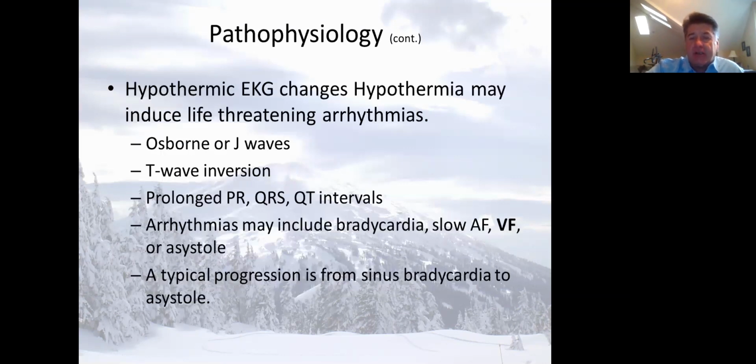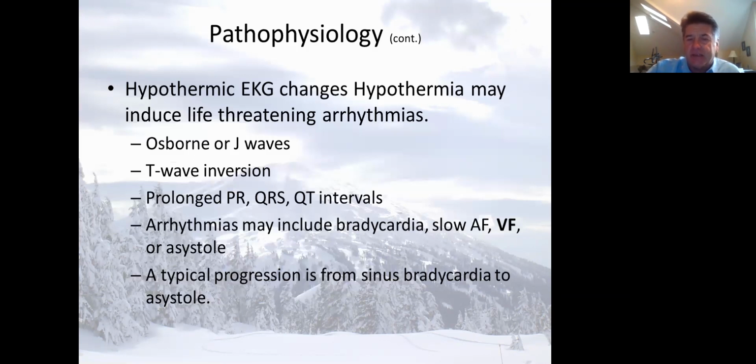Hypothermic EKG changes happen with hypothermia, and they may induce life-threatening arrhythmias. I'll go over a few of these arrhythmias in a few minutes. Osborne or J waves, you're going to see those on maybe one of your tests, and I'll show you an example of how those can happen. But you get some standard EKG changes. You can get Osborne or J waves. You can get inversion of the T waves all across the heart. And you can get QT prolongation or widening of the QRS.